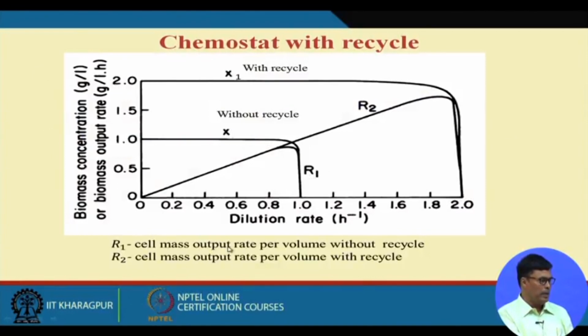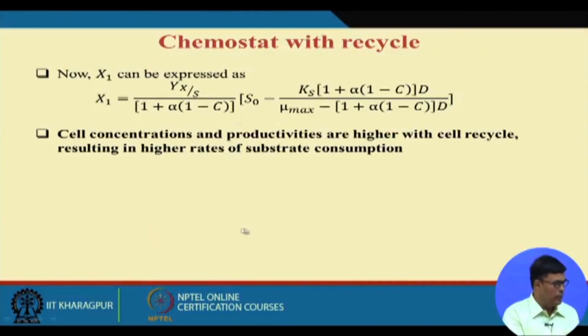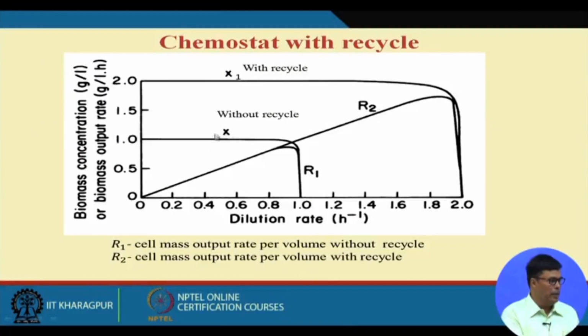Now here the interesting thing is that X increases. You see that in the case of cell mass without recycling, X is plotted against the dilution rate, and here we get C approximately equal to 1, which is cell washout.